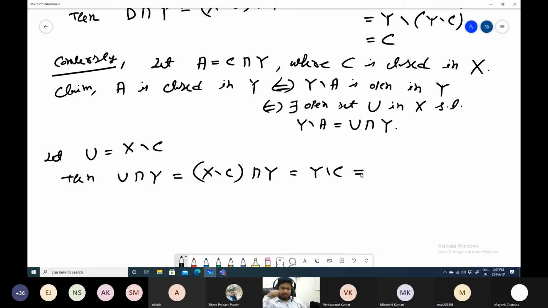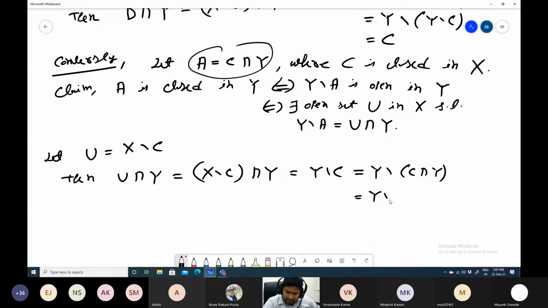So what is now Y minus C? Now what you need to prove that? Right, now again in a similar note, Y minus that C intersection Y, and what is C intersection Y? We have written somewhere, right? Now that is A. So that is Y minus A. So we are done.